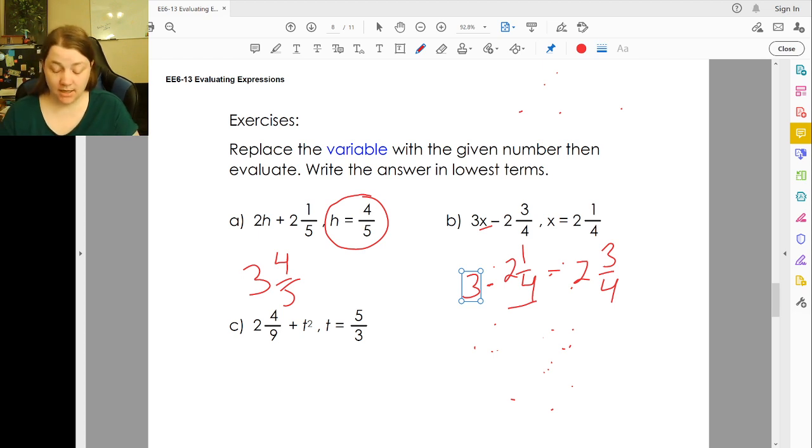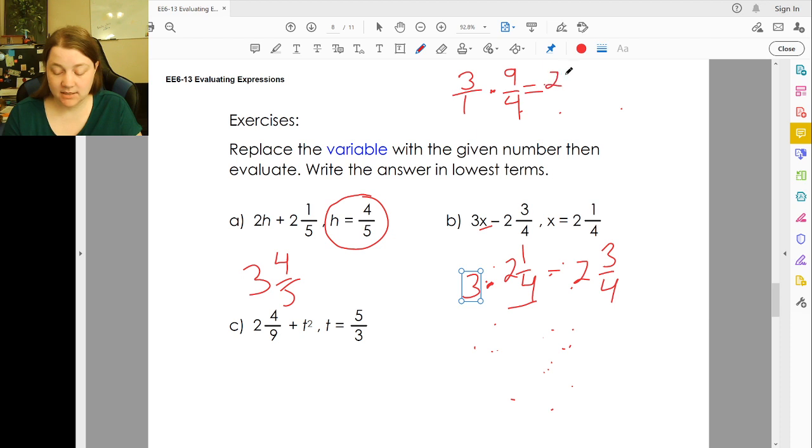Now, keep in mind that we are multiplying here, and you can't multiply whole numbers or mixed numbers without turning them into fractions first. So 3 would be the same as 3 over 1, and that's going to be multiplied by 2 1/4, or 4 times 2 is 8, plus 1 is 9 over 4.